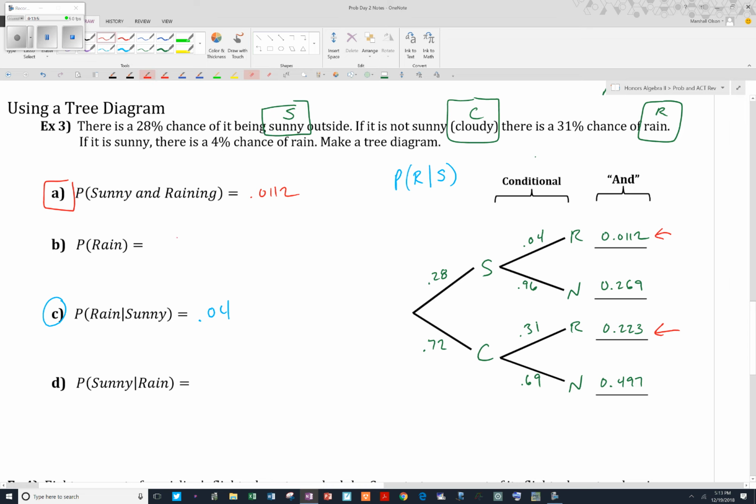So what we're going to do there, I'm going to even write that. So the probability that it's raining and sunny, or the probability that it's raining and cloudy, sorry. So raining and sunny was 0.0112, or we're going to add those together, 0.223. So this is a total of 0.2342.